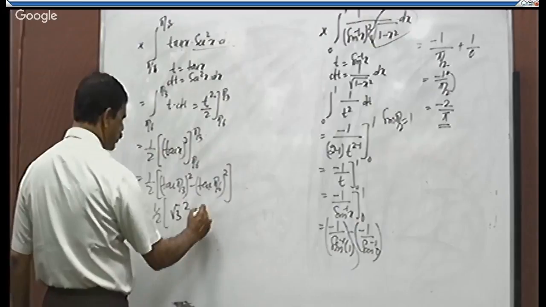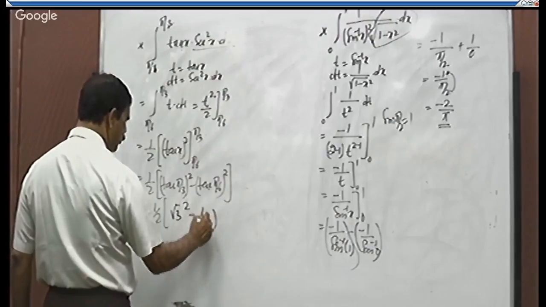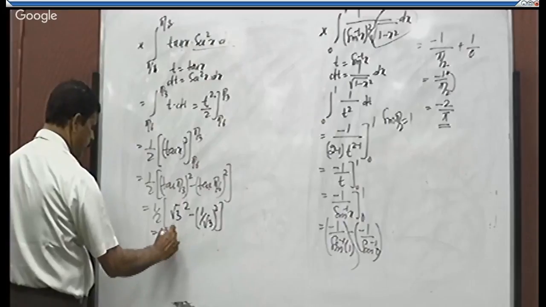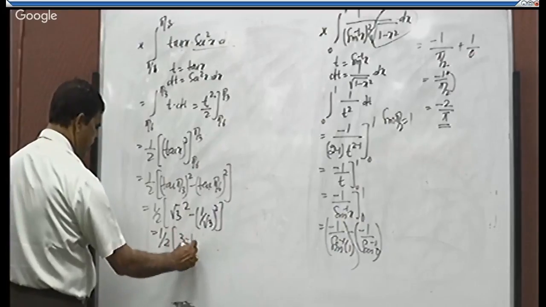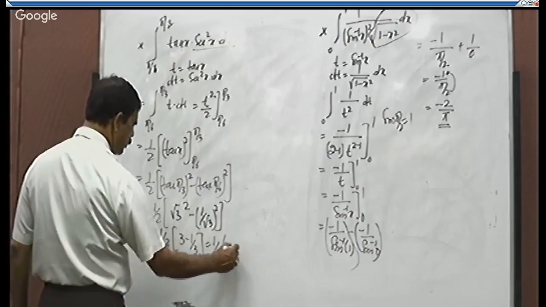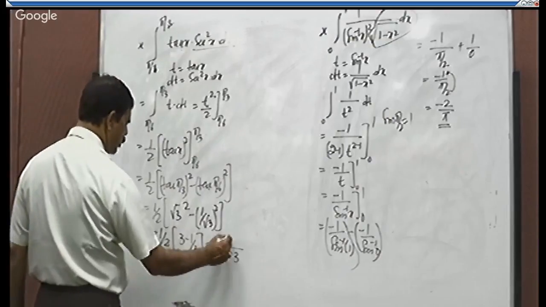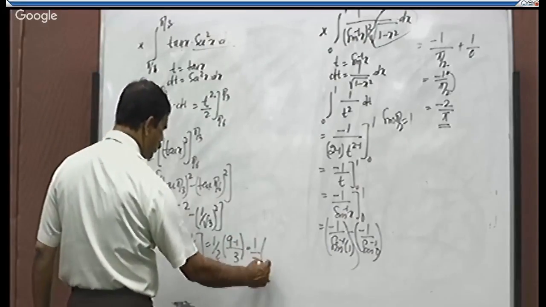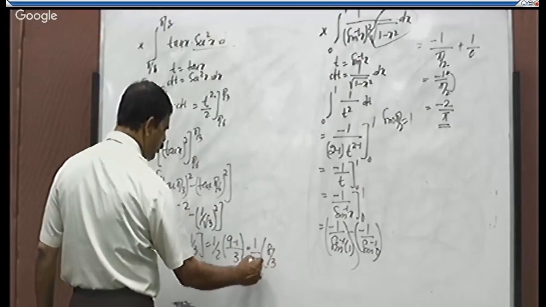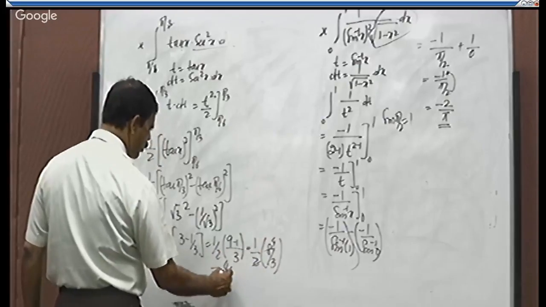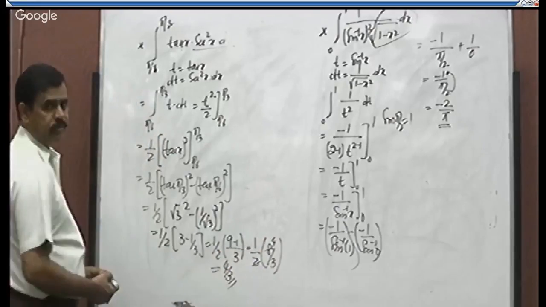Tan pi by 6 is 1 by root 3 whole square. Or it is 1 by 2 into 3 minus 1 by 3. LCM is 3, so 3 into 3, 9 minus 1, or 1 by 2 into 8 by 3. 2 ones are 2, 2 fours are 4. The answer is 4 divided by 3.